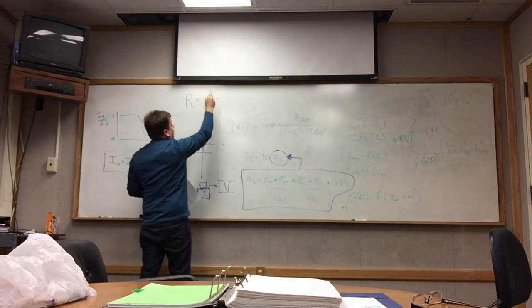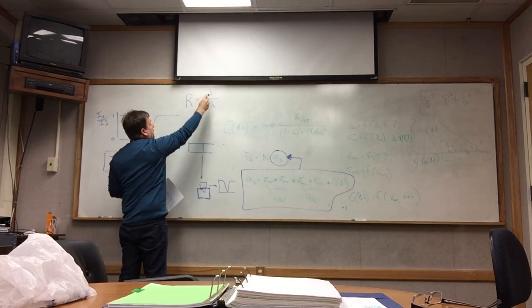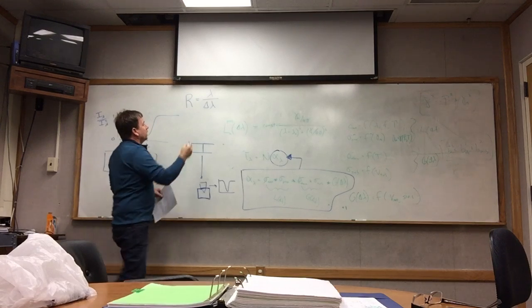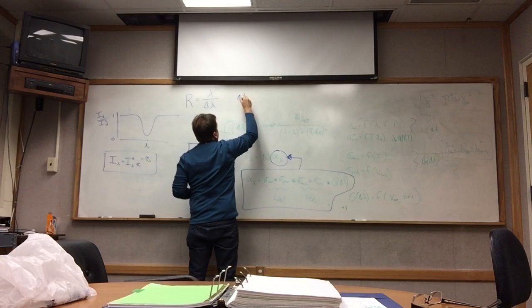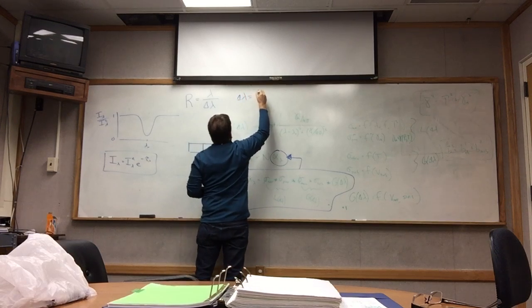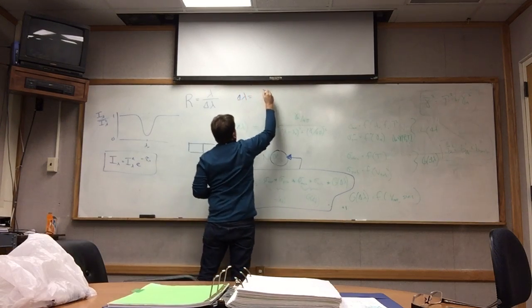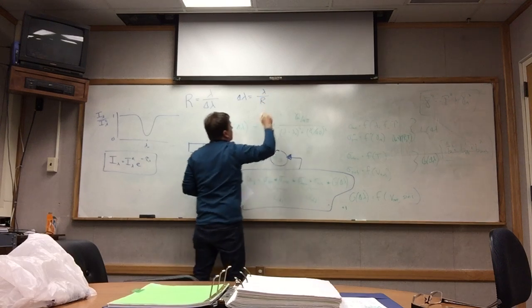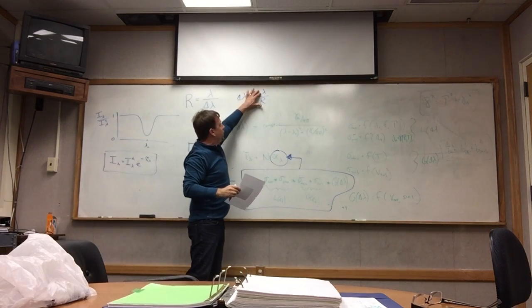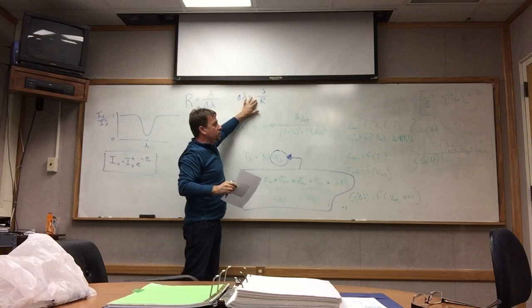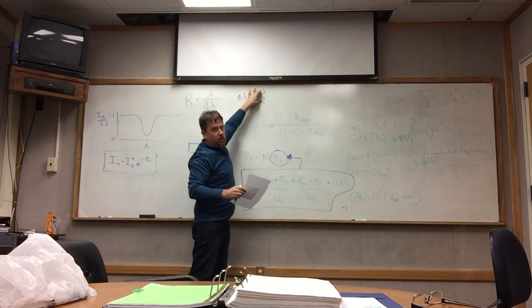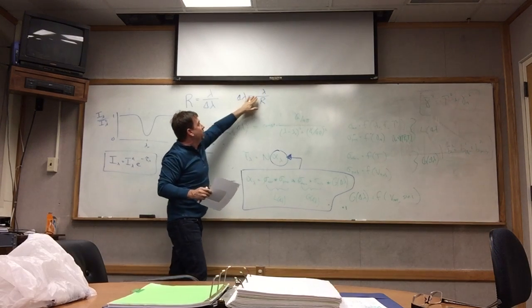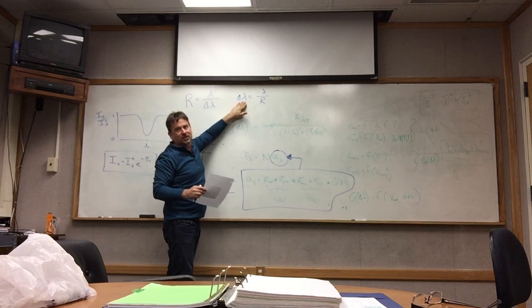So, let me see if we can do this. Delta lambda equals lambda over R. Okay. So let's say you're looking at 1 micron, 10,000 angstroms, and your resolution is 10. So that's 1,000 angstroms. That means that the wavelength is spread out over 1,000 angstroms.